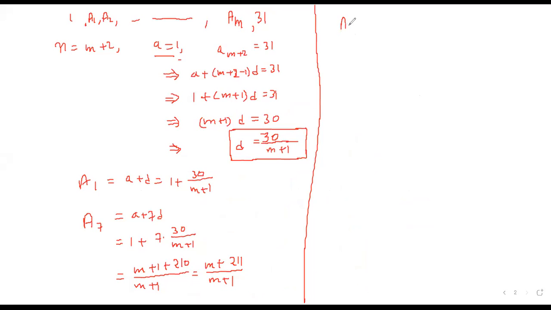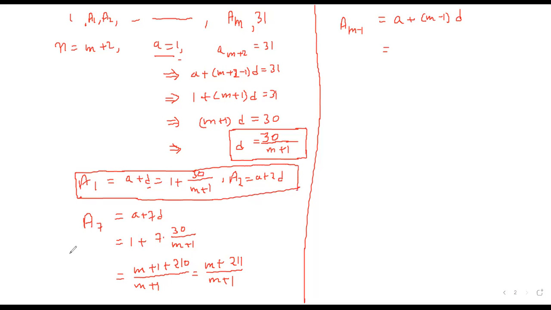First we find the m minus 1th AM, which is a plus m minus 1 into d. When there is the first AM, we write a plus d. When there is the second AM, we write a plus 2d, though we are not requiring them, but I have discussed it to explain how A7 becomes a plus 7d. This is not the formula for the nth term of AP. This is the 7th AM only.